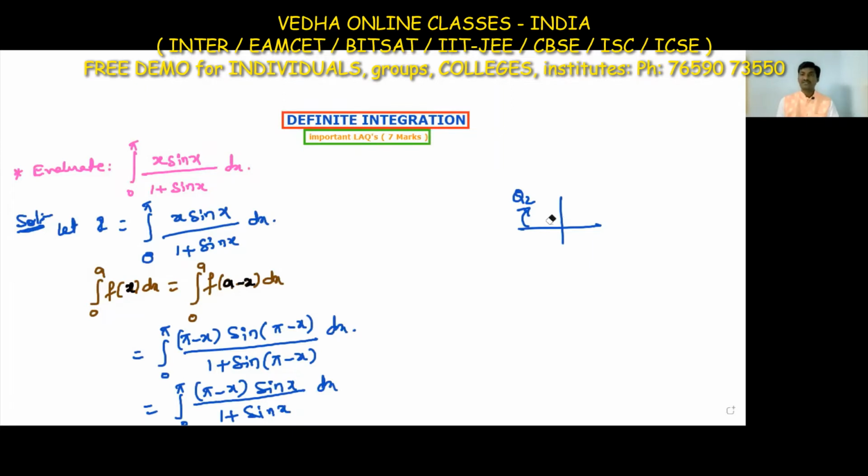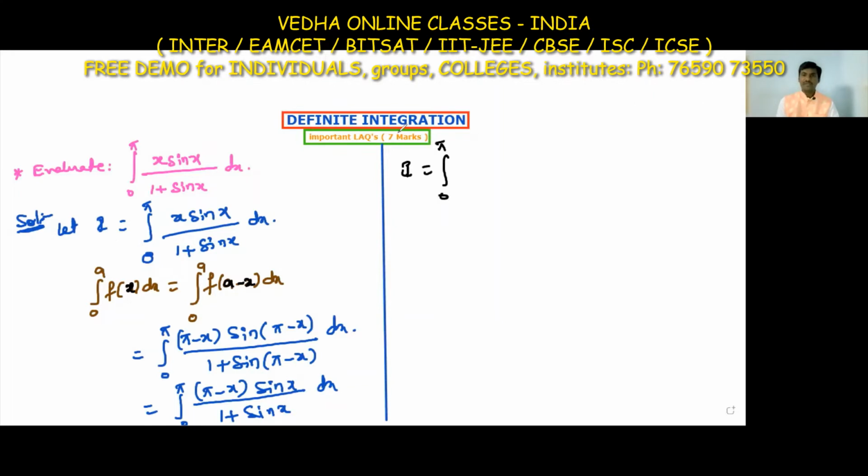Then next step, multiply in the numerator. Here I is equal to integral of 0 to pi as it is.